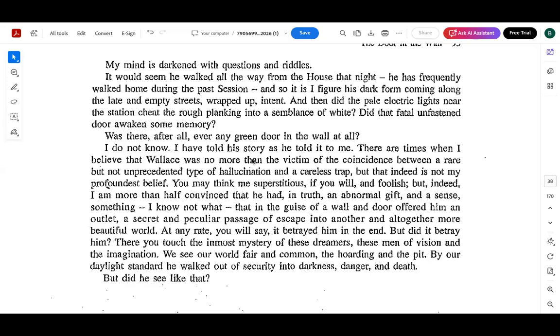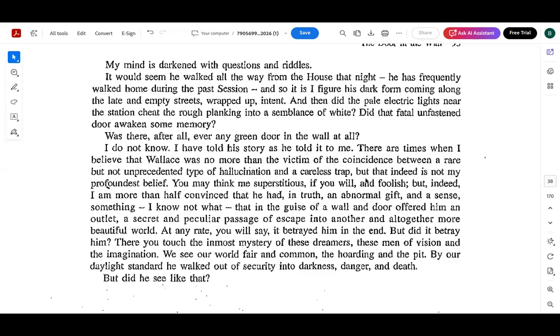"I have told the story as he told it to me. There are times when I believe that Wallace was no more than the victim of a coincidence between a rare but unprecedented type of hallucination and a careless trap." So it links to overthinking also, how overthinking can lead to a series of chatter in your mind, which could actually create inner speech.